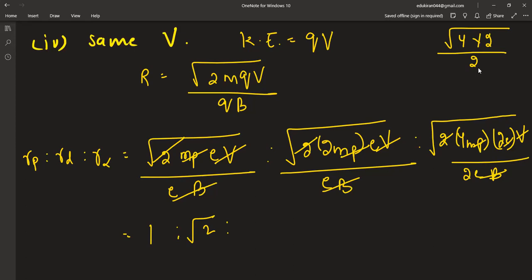So this is directly, let's write it as root 8 by 2. So root 8 can be written as 2 root 2 by 2. So we are left with root 2. This is the answer.